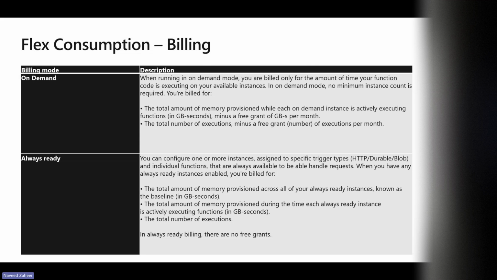In that case, your billing will be, of course, the total number of executions, but also the total memory provisioned for always ready instances, which makes sense, because you have these instances that are there for you to use. So that's what you will be paying for. So that's why it's going to be slightly expensive, but of course you get faster scale out. So if you have those scenarios, then this is there.